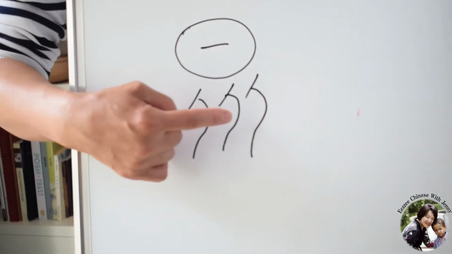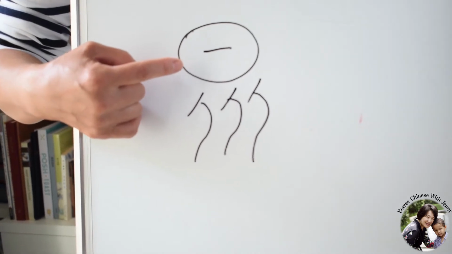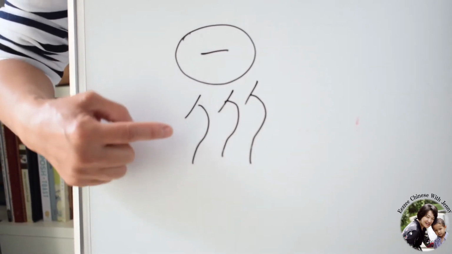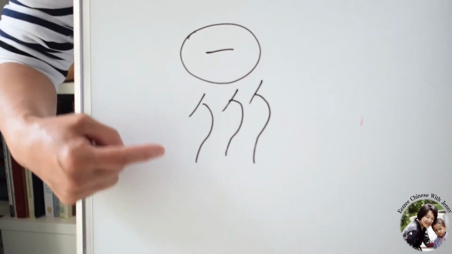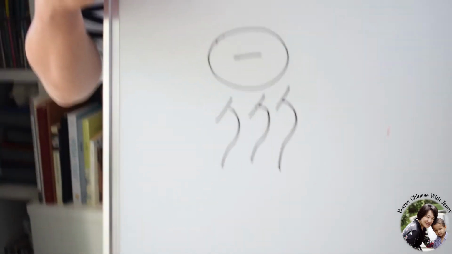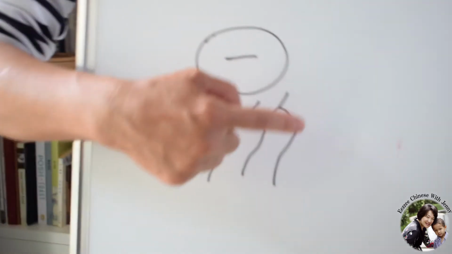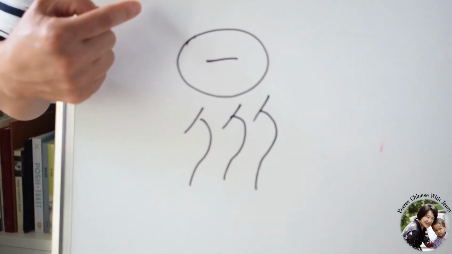So these people are working under the sun. In China, when we use 3, it doesn't literally mean 3. It often means many. So this character means many people, crowd.